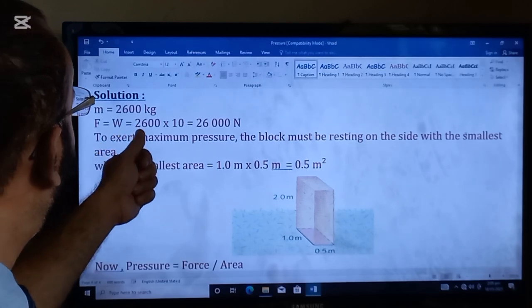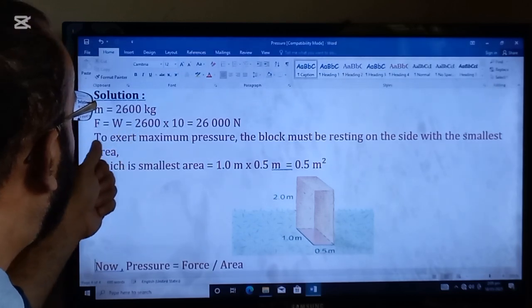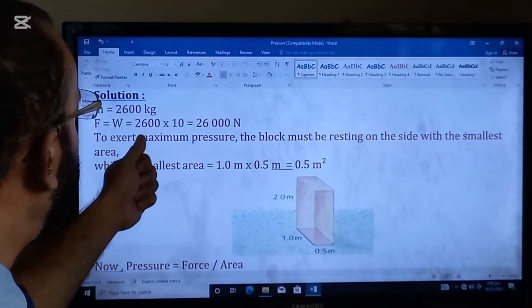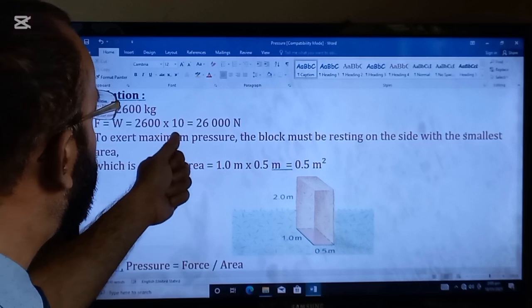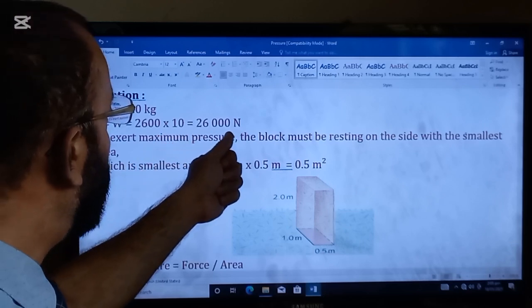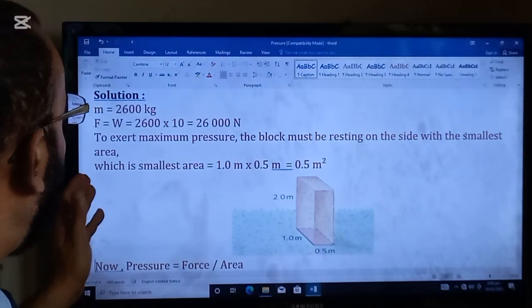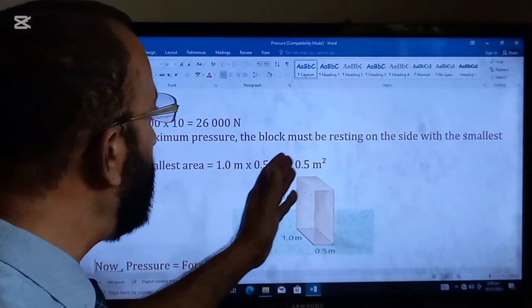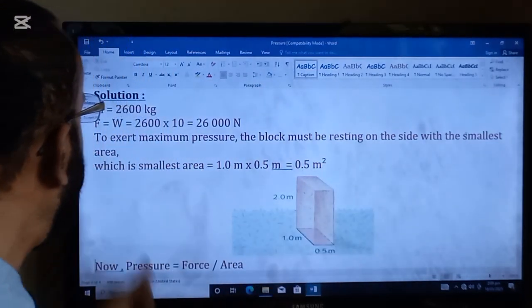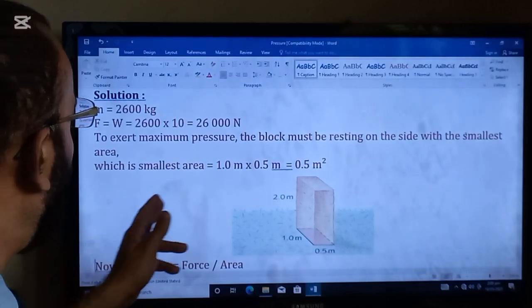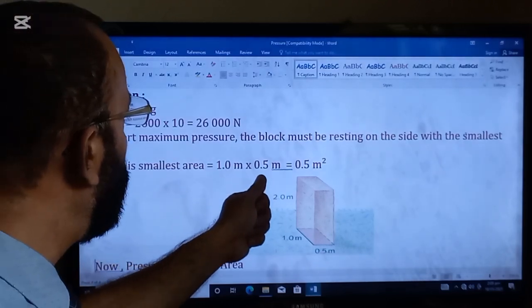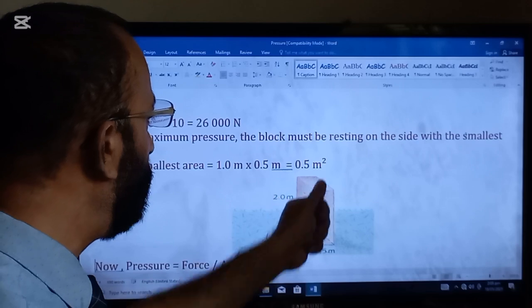So mass is 2600 kg. Force, that is equal to weight, that is 2600 into 10, is equal to 26,000 Newton. To exert maximum pressure, the block must be resting on the side with the smallest area, which is 1 into 0.5, that is equal to 0.5 meters square.